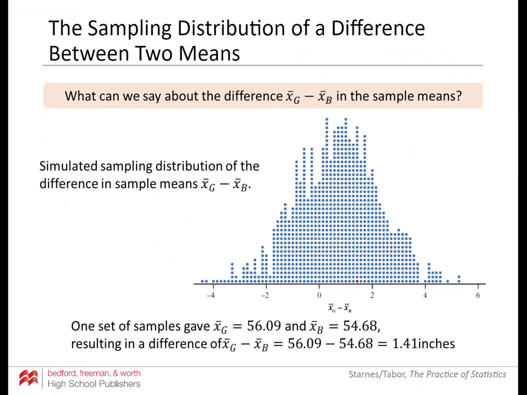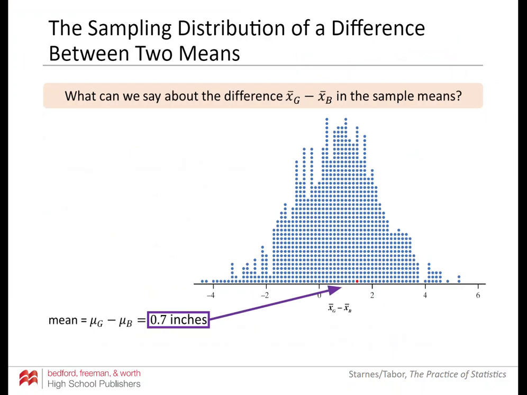So, let's say one set of samples gave us a mean for girls of 56.09 and a mean for boys 54.68. So the resulting difference when you do x bar g minus x bar b is 1.41 inches. That's that dot there. The mean for the sampling distribution is going to be just the mean for girls minus the mean for boys, which is 0.7.